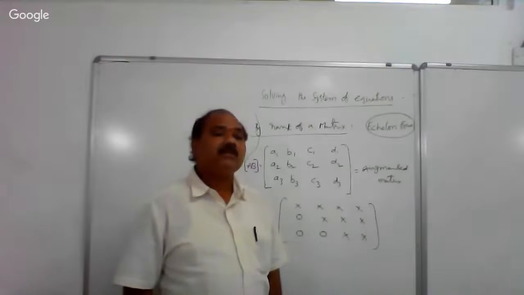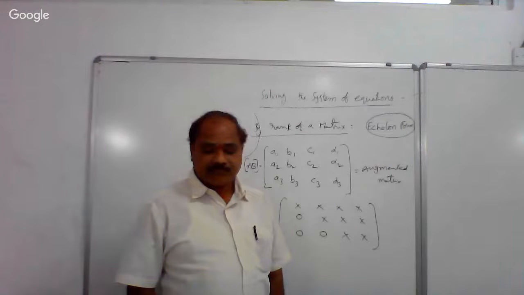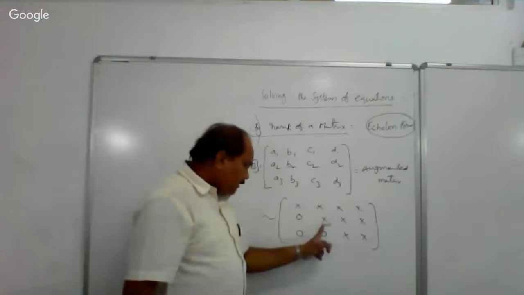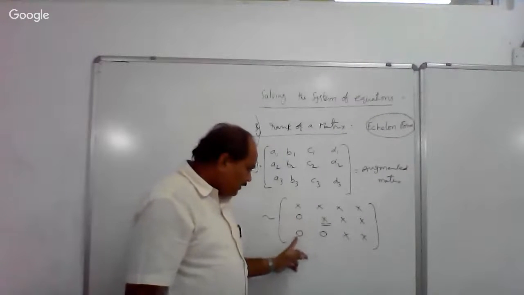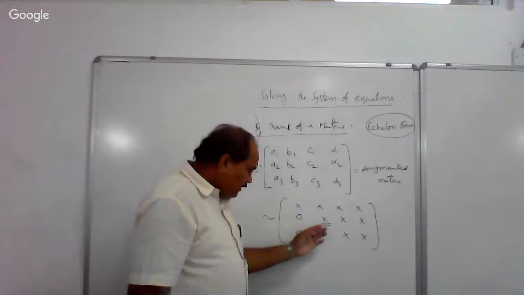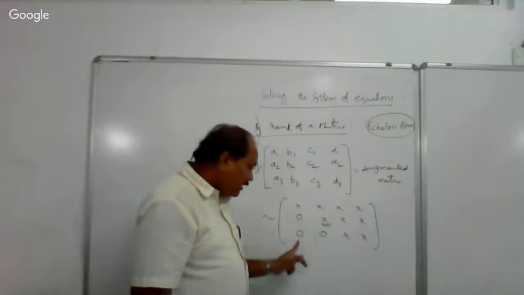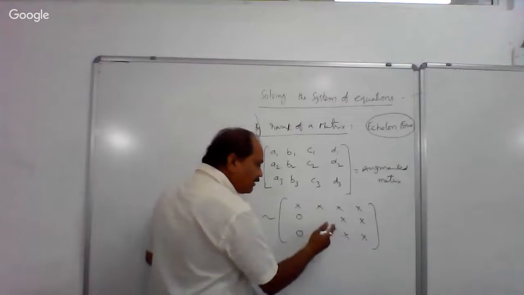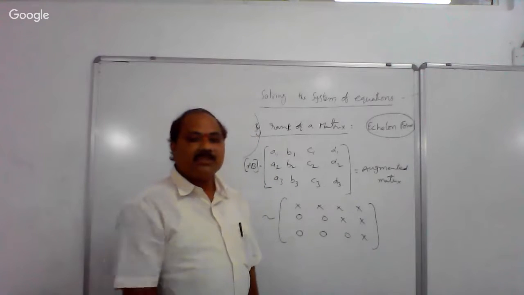I'm repeating: if the number of zeros before the first non-zero element in any row does not exceed the number of such zeros in the very next row, then the matrix is said to be in echelon form. Here, this is called the first non-zero element. Before the first non-zero element, we have 1, 0. This is the very next row. It is the first row, it is the second row. The number of zeros here is less than the number of zeros in the next row. Suppose it has 2 zeros, the next must have 3 zeros. This is called echelon form.